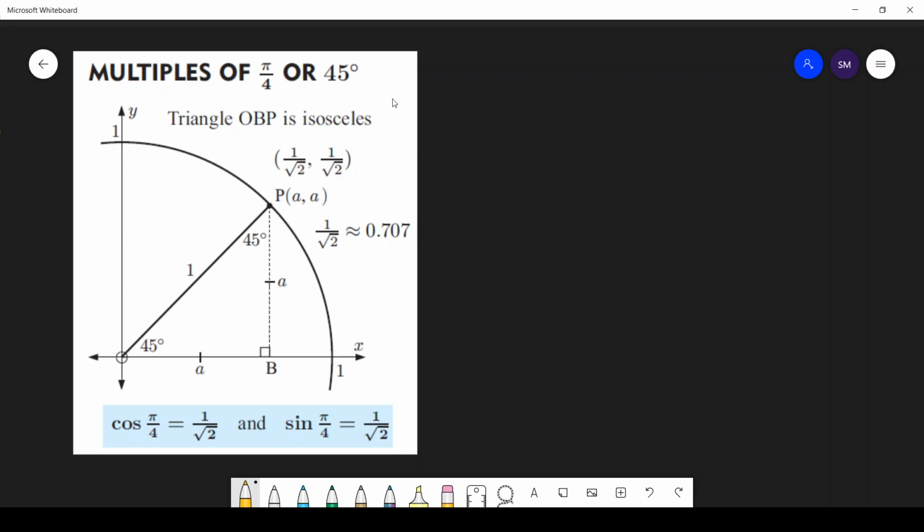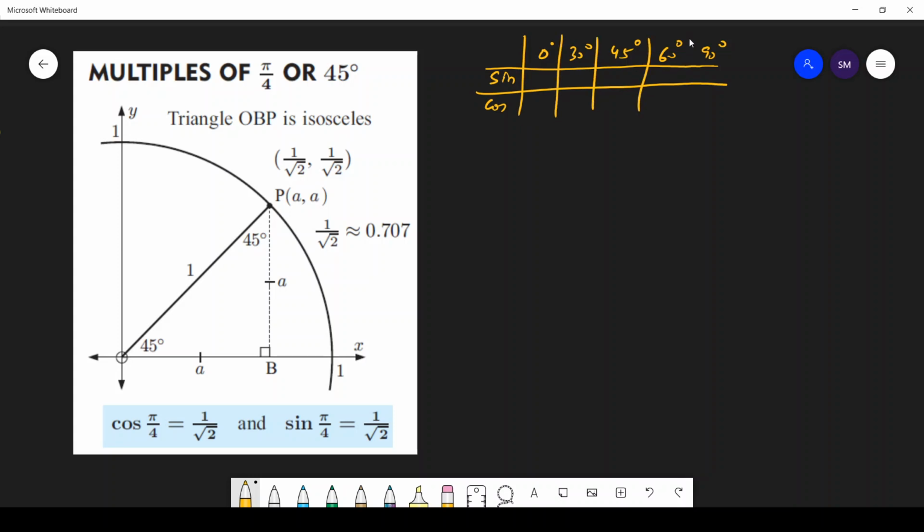So now students will be finding, as you know, we make a table of sine and cos values for 0 degree, 30 degree, 45 degree, 60 degree, 90 degrees. So how have we got these values? This is what we are deriving.